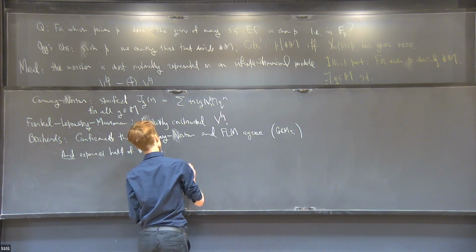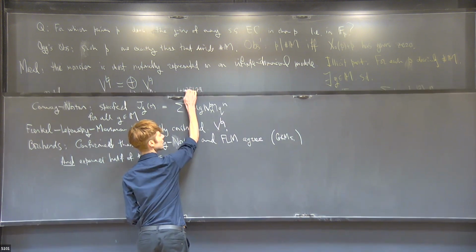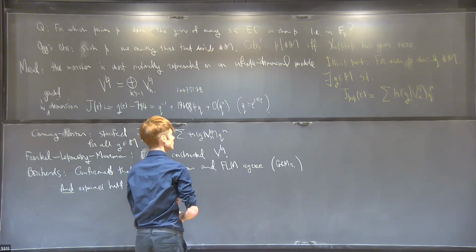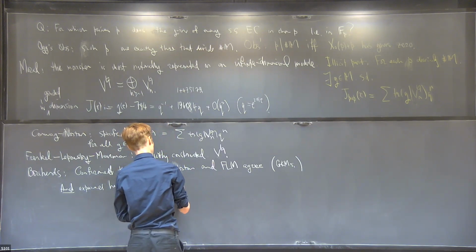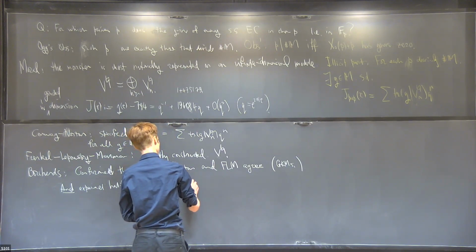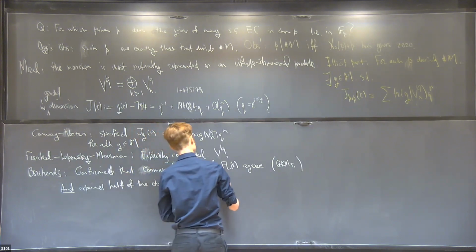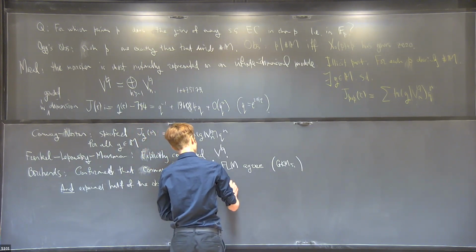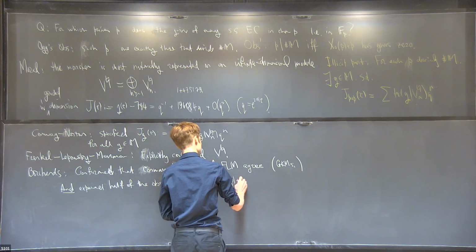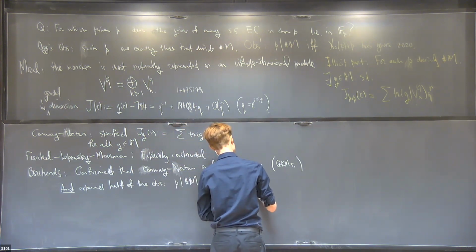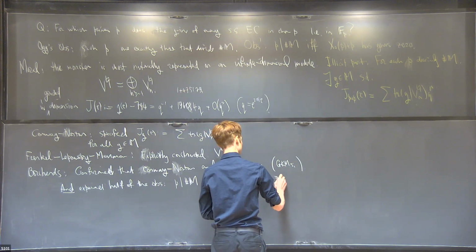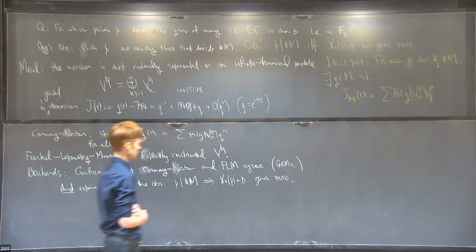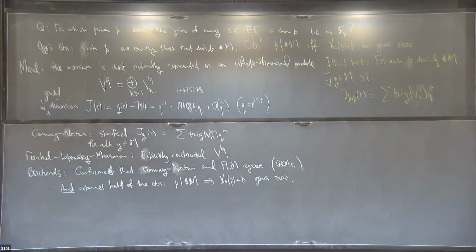Namely, it explains why if P divides the order of the monster, then X naught P plus P has to have genus 0. It explains why if a prime occurs in the prime decomposition of the order of the monster, then the corresponding curve has to be genus 0, but it doesn't explain the other half.